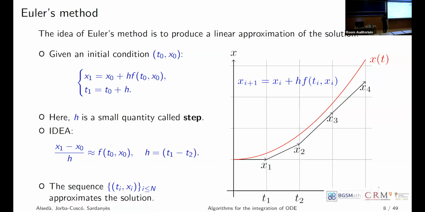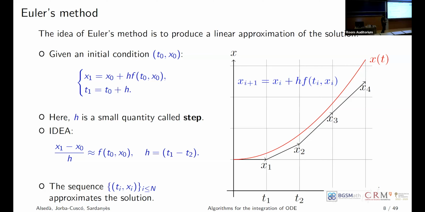So the idea of why this works is because of this. This is, if you want, numerical differentiation of the solution with time step h, the left-hand side part, and then this is an approximation which says the first derivative, the numerical derivative, will coincide with the vector field, which is given.